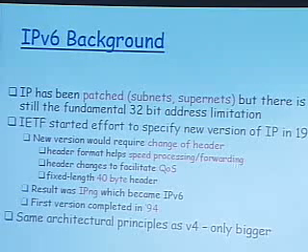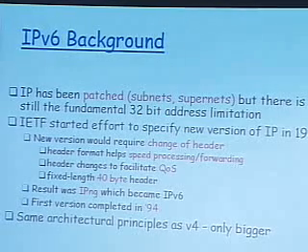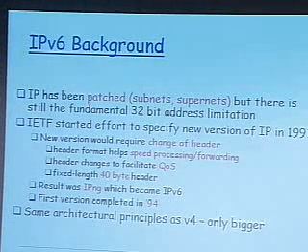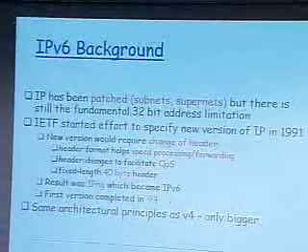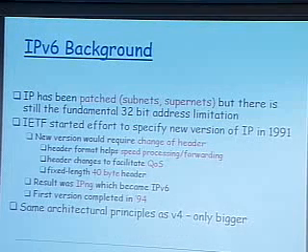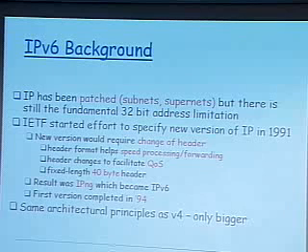Because you need to change the address space from 32 bits to something higher, that meant this would require a change of header. So once you're going to change the header, the IETF decided to make other changes to the IPv4 format besides the simple increase in address space.